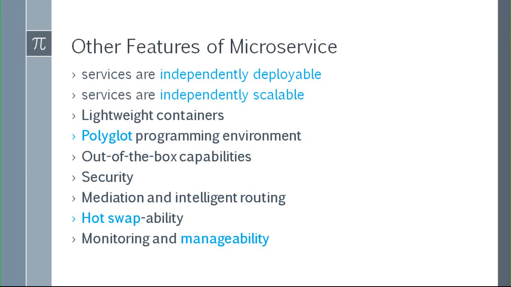For example, Netflix has a very good API gateway. In another part of the presentation, maybe I will talk more about the API gateway, what it is, and its capabilities and usage.